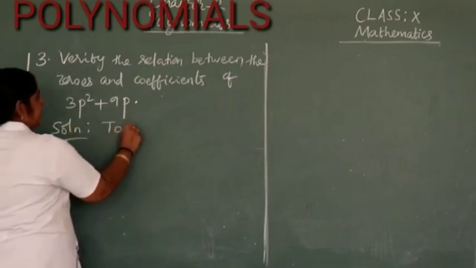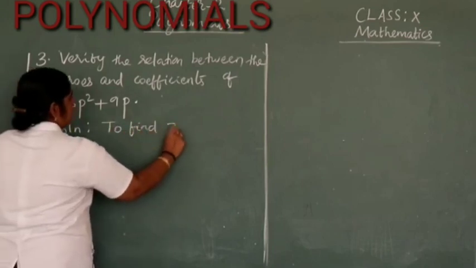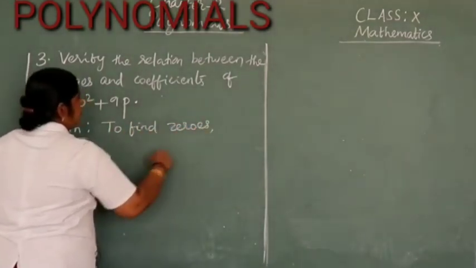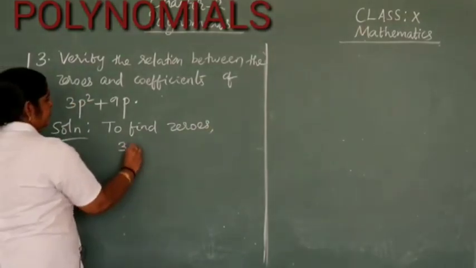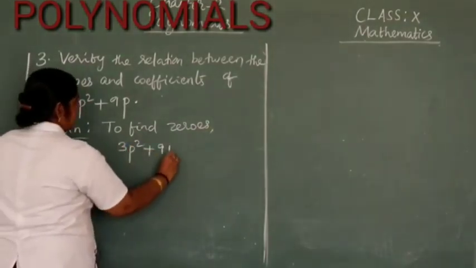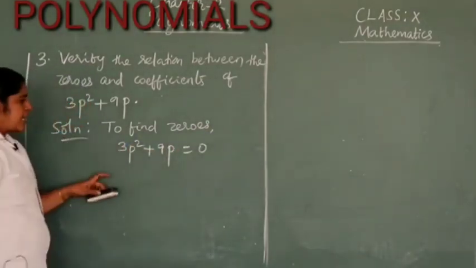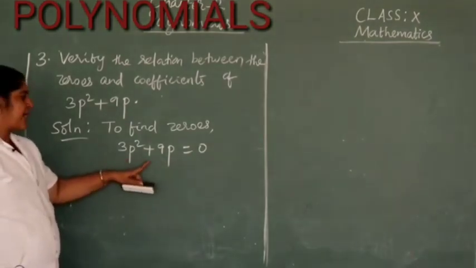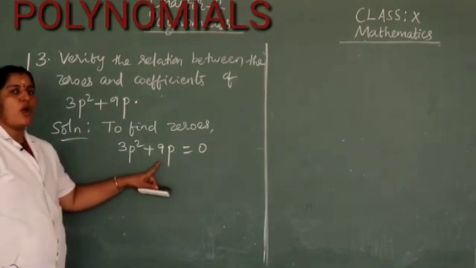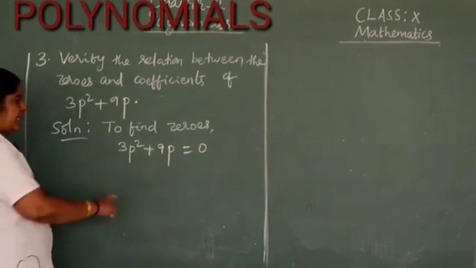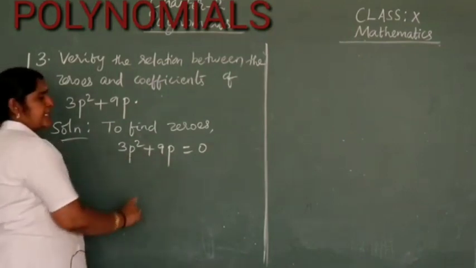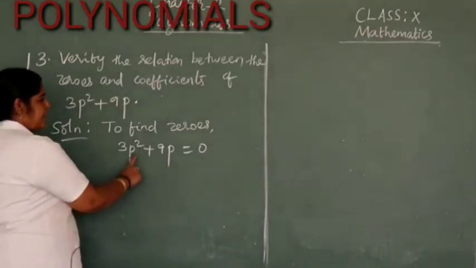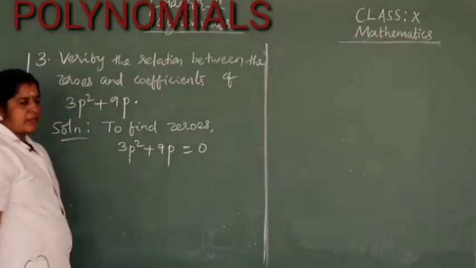So to find the zeros, what we will do? Equate the polynomial to 0. So 3p square plus 9p equal to 0. Now you can see here we can find the zeros by factorization taking the common factor of the two terms. Here 3 and 9, 3 is the common factor, and p square, p, p is the common factor.